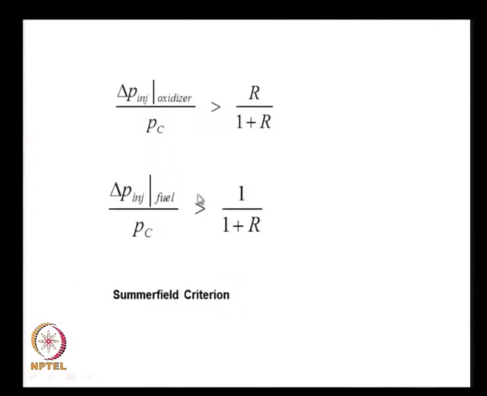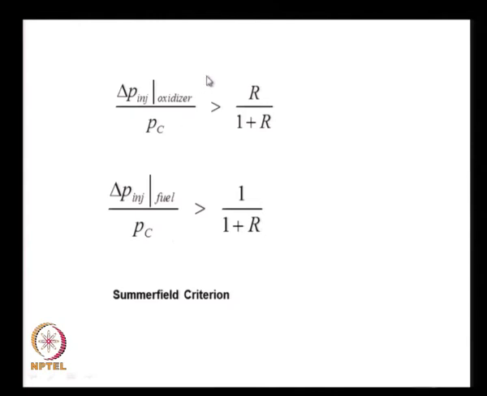To summarize then, if instead of one propellant flow I have propellant flowing at a mixture ratio capital R, for the condition under which Tc is infinite, I have delta P injector for the oxidizer divided by Pc is R by 1 plus R, and for the fuel I get 1 over 1 plus R. That means these are the conditions which must be satisfied for stable performance when the value of Tc is infinite.